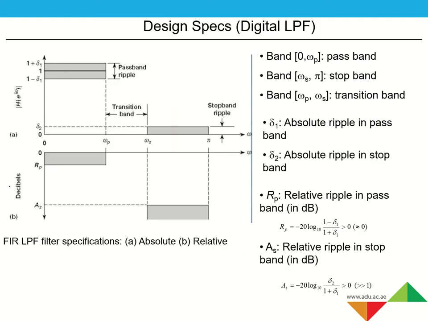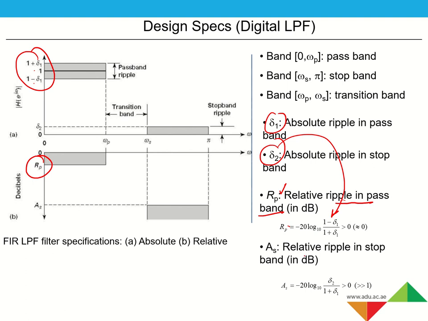But in some books and in software like MATLAB, they use another criterion, which is the relative ripple in the pass band. Instead of sigma 1 and sigma 2, they use the term relative ripple. Here we have 1 plus sigma 1 and 1 minus sigma 1, and we can calculate the relative ripple from these values.